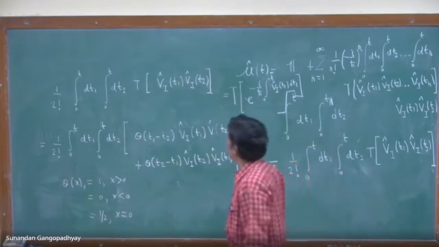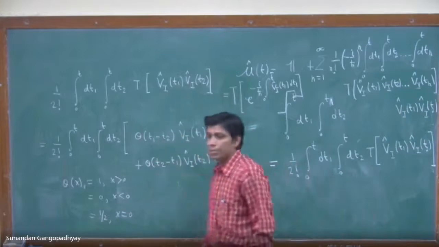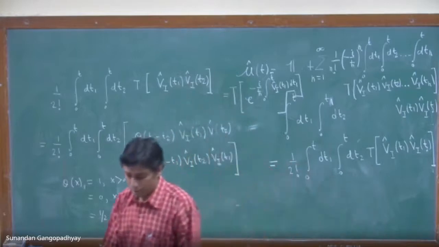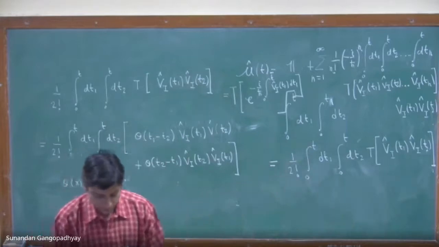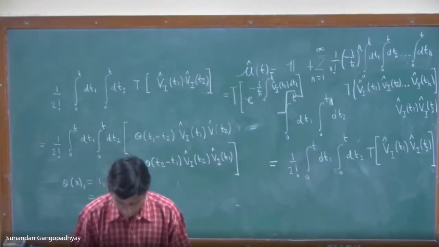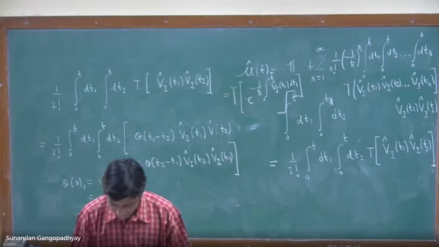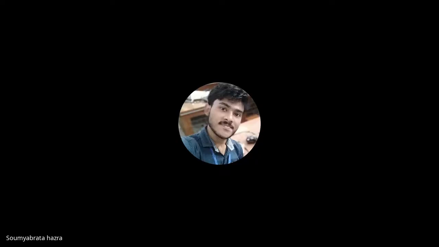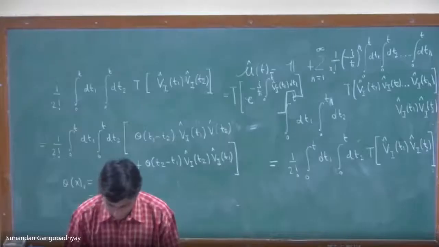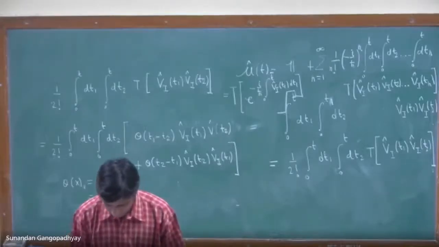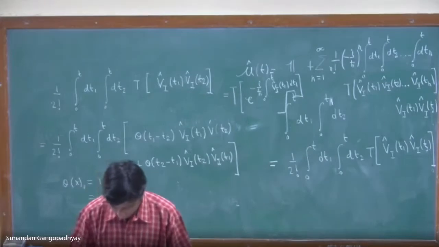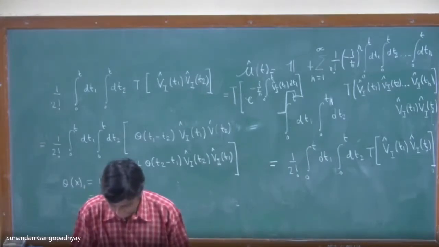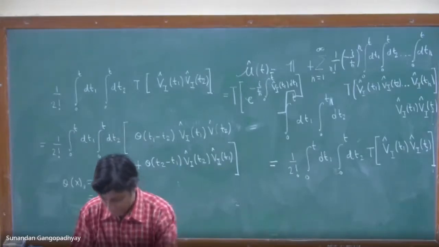You write it down and then you try to expand this, and you shall get the required thing that you want to show. Is this clear? Yes, sir. Do you have any questions?